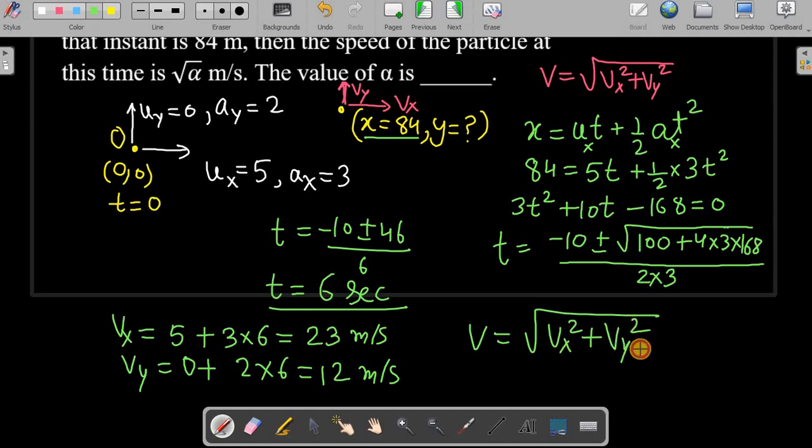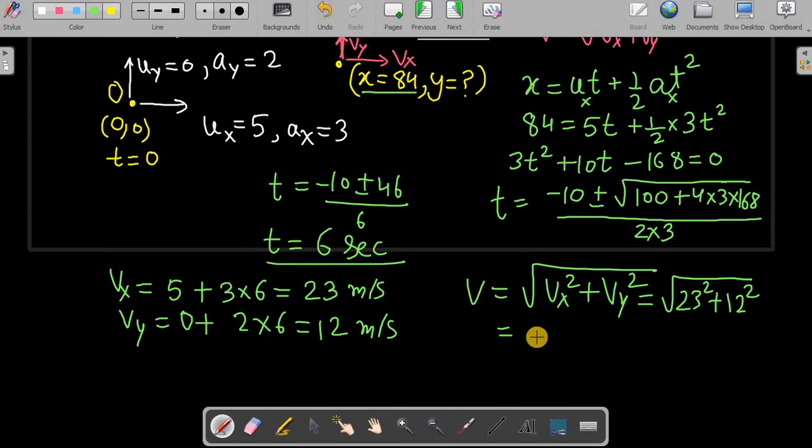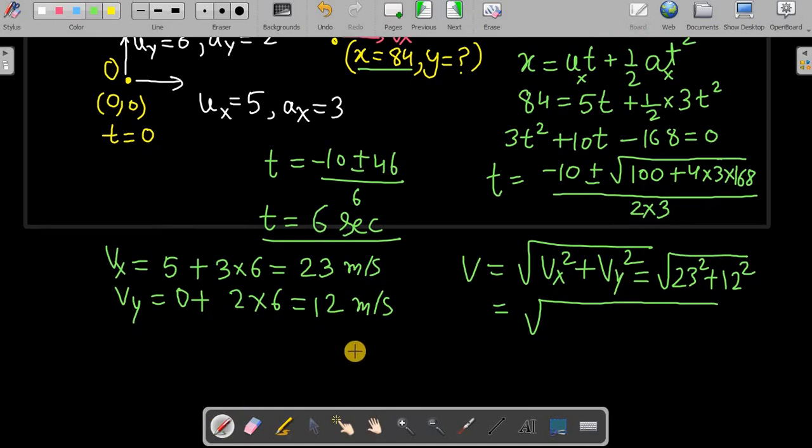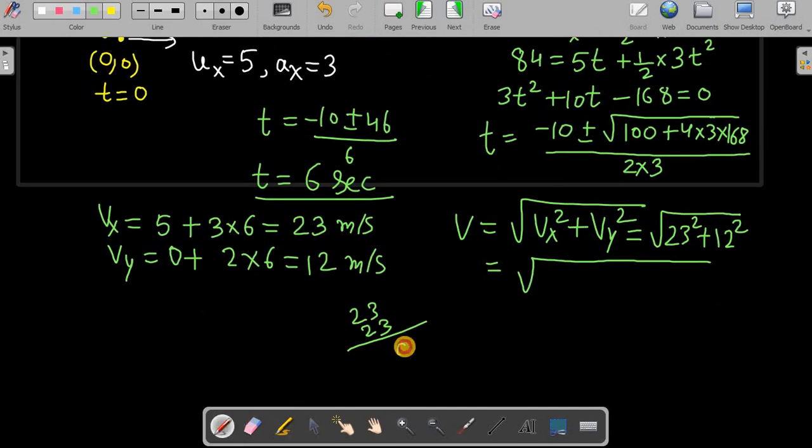How much will this give? This will be root under 23 square plus 12 square. Again a little calculation is coming. Square root we need to calculate, correct? What is the square of 23? If you remember, that's good. Otherwise, if I don't remember, I will calculate this, no problem. But the only thing is we have to do fast calculation.